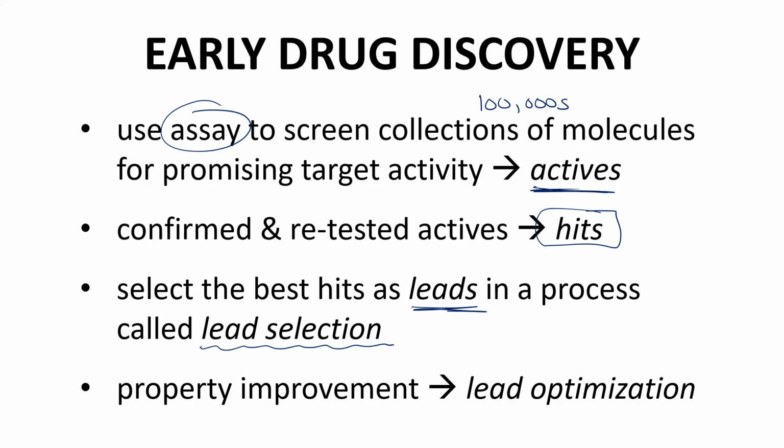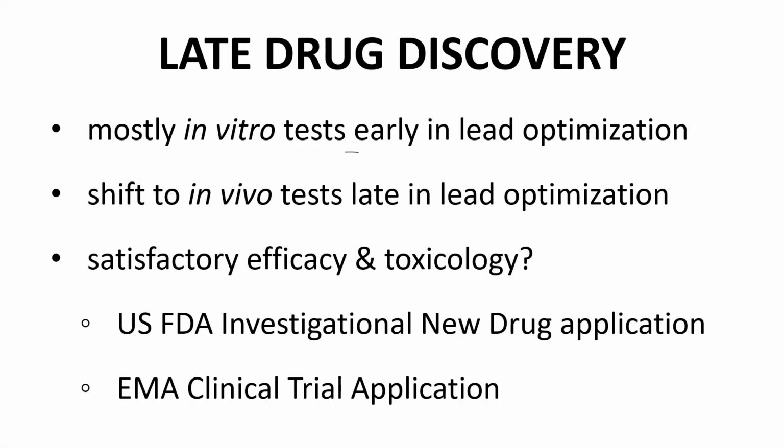The best lead will be modified to improve its properties, improve its target activity, reduce its safety risks, and ensure the lead remains in the body long enough to exert its therapeutic effect. This process is called lead optimization. Early in lead optimization, the lead or its analogs will be tested with laboratory methods, in vitro tests.